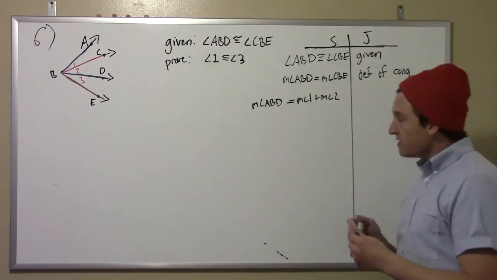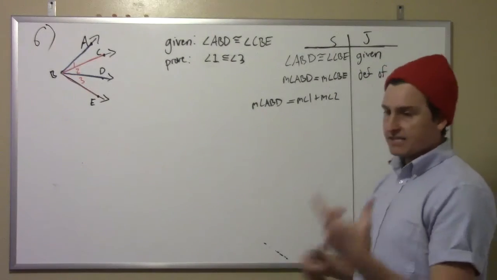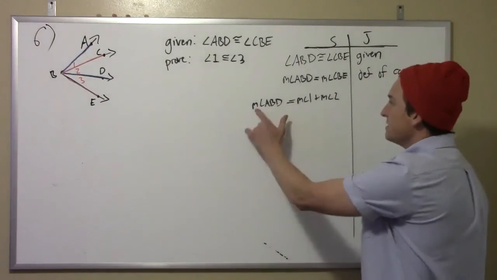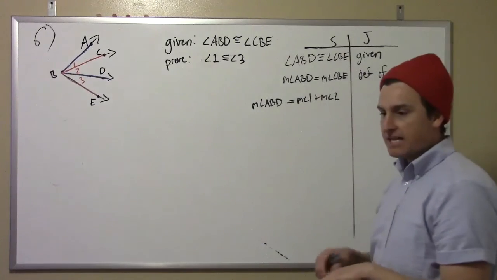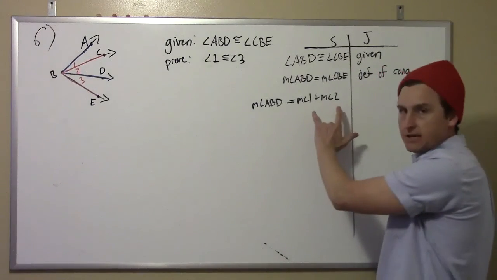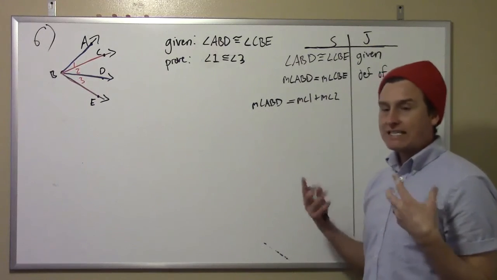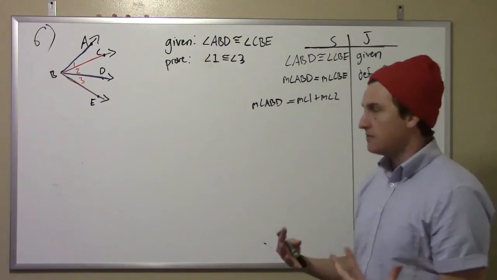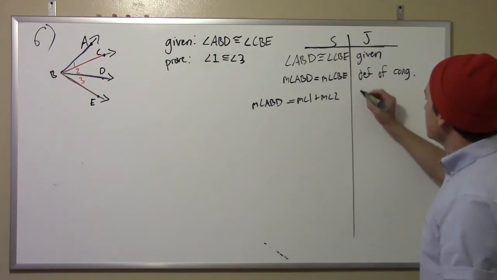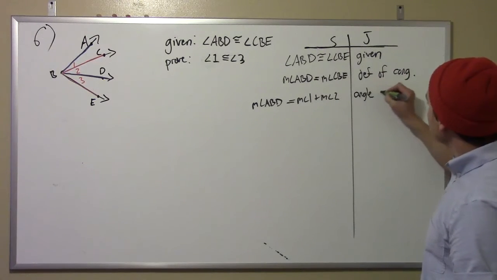Now remember, if we're in equality and we're adding stuff, we have to be using measurement. We can't be just saying the angle. We can't say angle 1 plus angle 2. That doesn't make sense to add 2 shapes together. What we want to add together is the measurement of those angles. Okay? So this is the angle addition postulate.